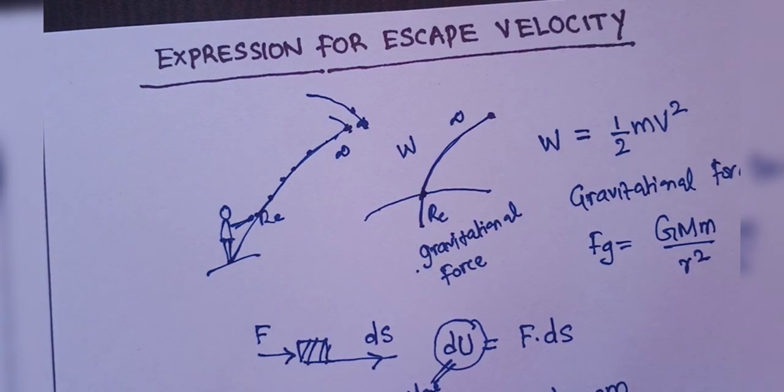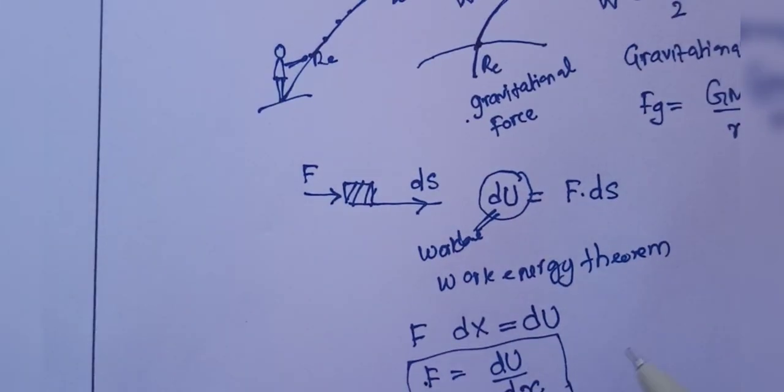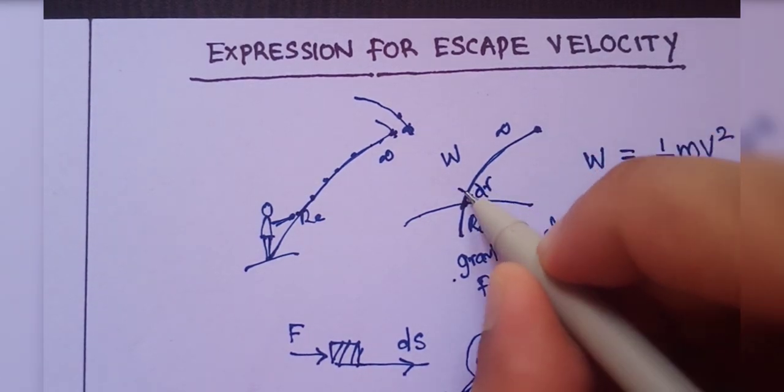So as far as your work energy theorem is concerned, when you have a force term and some position, let's say we are doing some work from this position dr, from here to here.